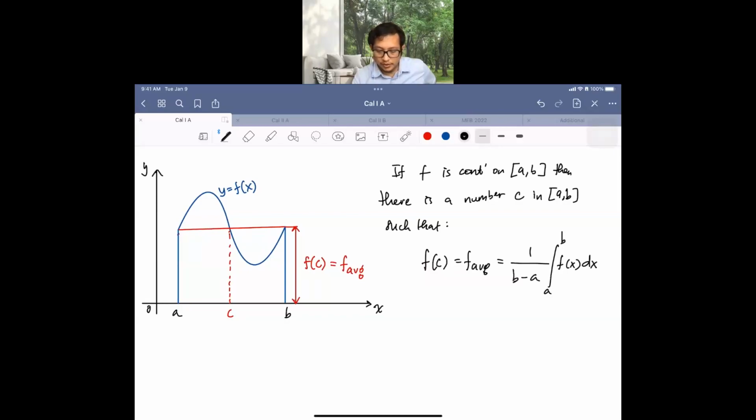Or we could write that the integral of f(x) dx can be written as f average multiplied by b minus a, or we could say this is f(c), because usually in the mean value theorem we are going to analyze which point c will be.